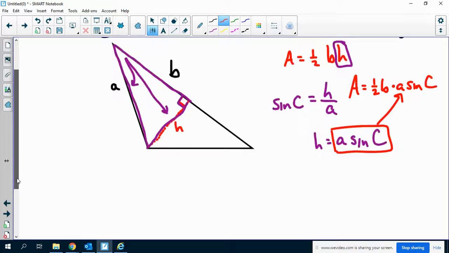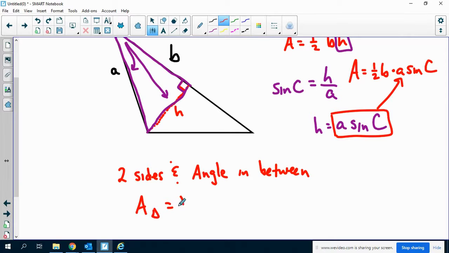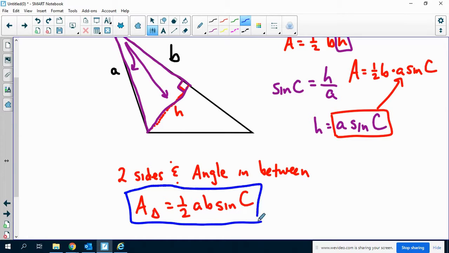So a new formula, if we're given two sides and an angle in between them, for the area of a triangle, is 1/2. We're going to write the A and the B in letter order to make it a little easier for us to remember. 1/2 AB times the sine of C. This is also the formula for an area of a triangle.